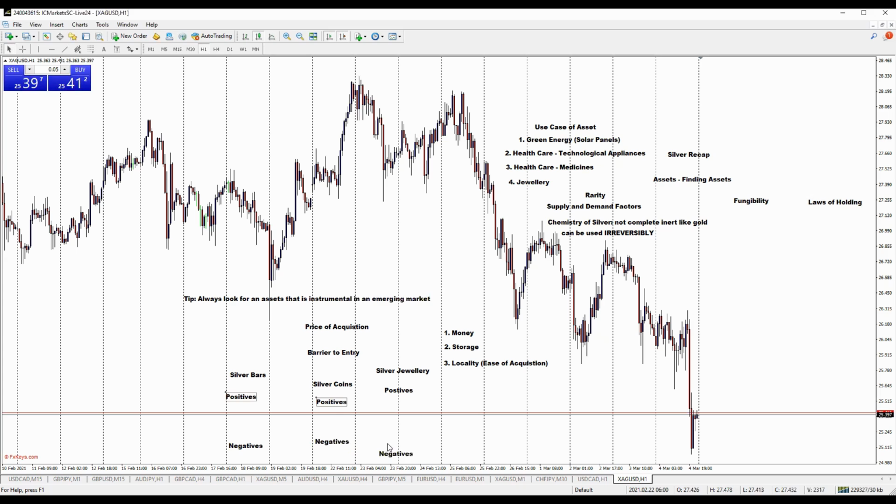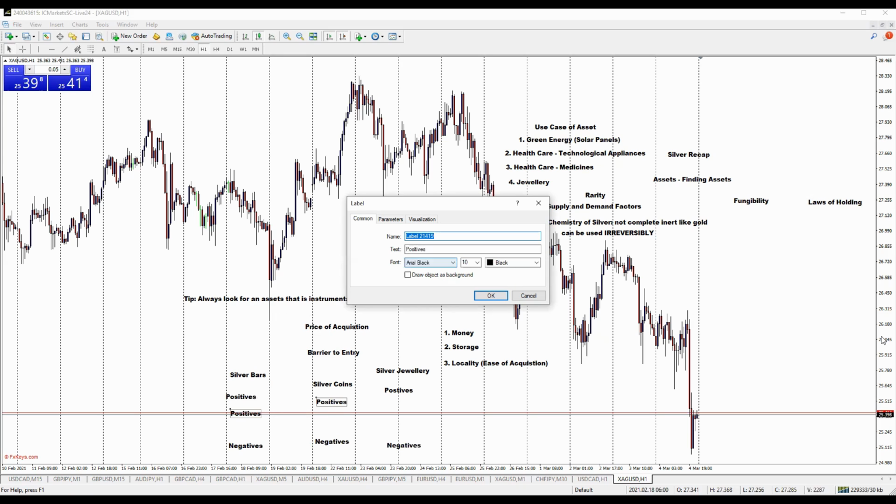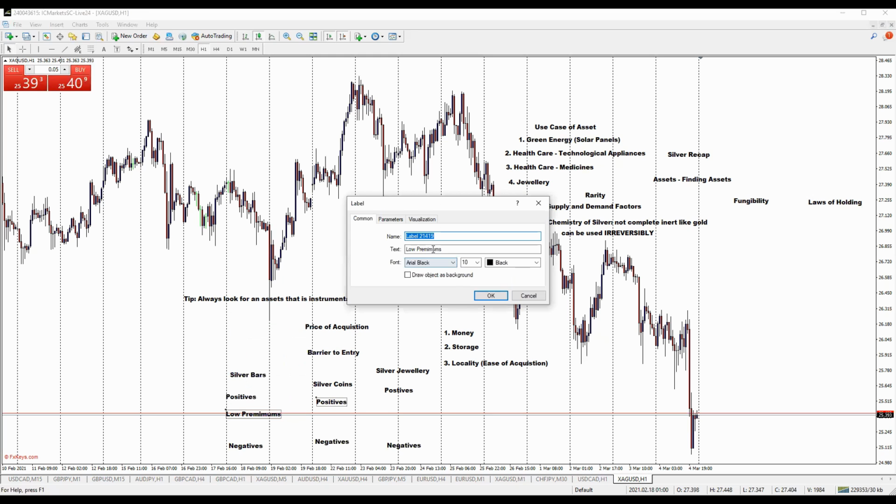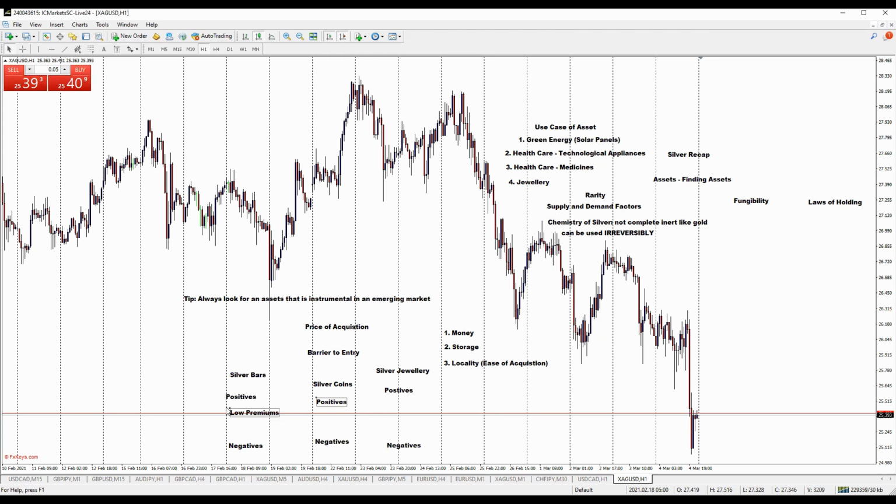So the negatives and the positives of silver bars. So positives of silver bars, one of the things when it comes to purchasing, you're going to have low premiums. Now, low premiums, what that means is, sorry, low premiums. So when we look at low premiums, we're talking about the spread price.